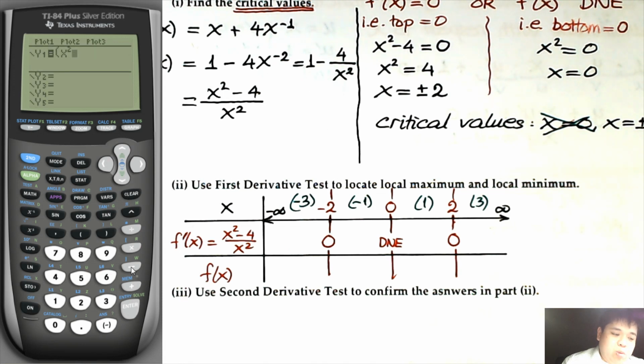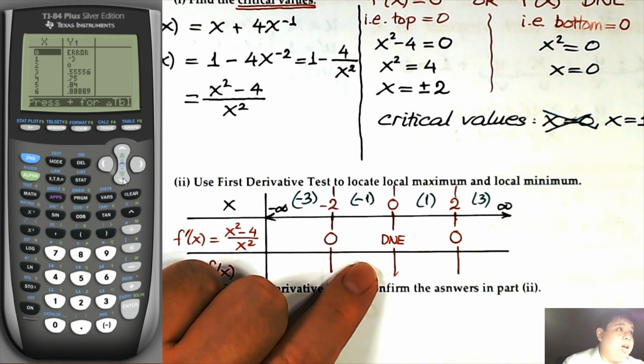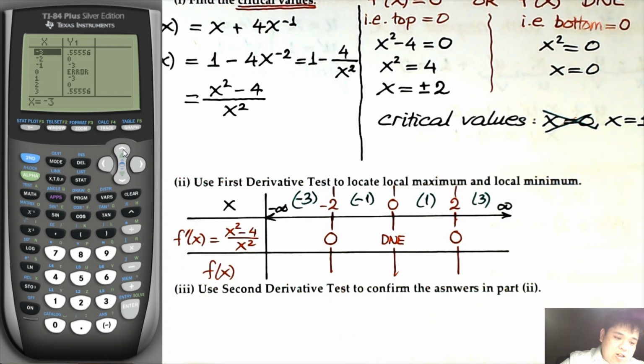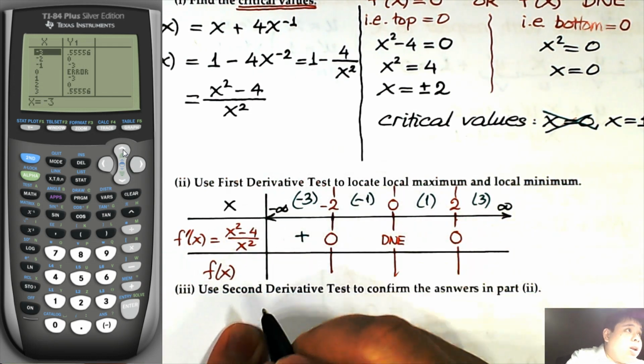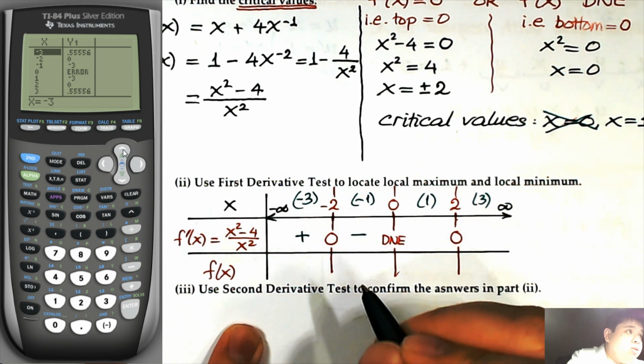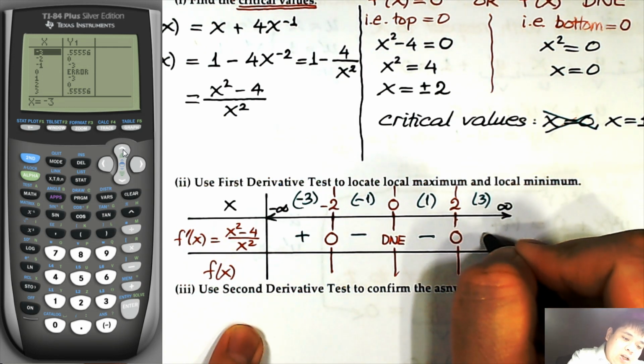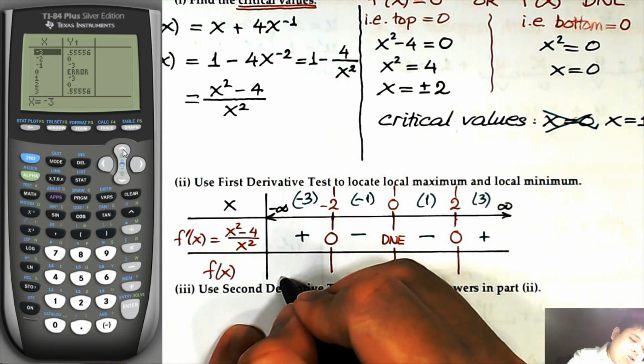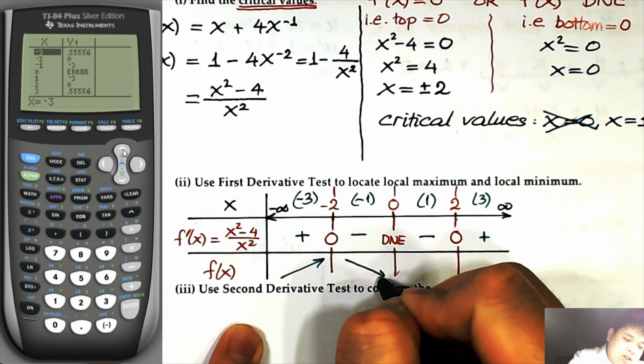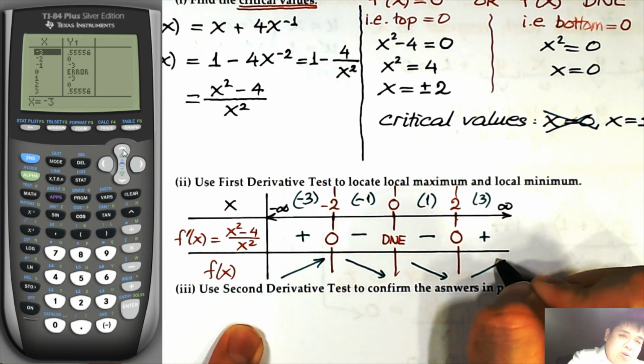This one we can easily do by hand, but I just want to show that on the calculator quickly. Then we just go to the table. Because it's undefined at 0, at negative 3 it's going to be positive. At negative 1 it is going to be negative, and at 3, positive. So positive is increasing, negative is decreasing, and then increasing.